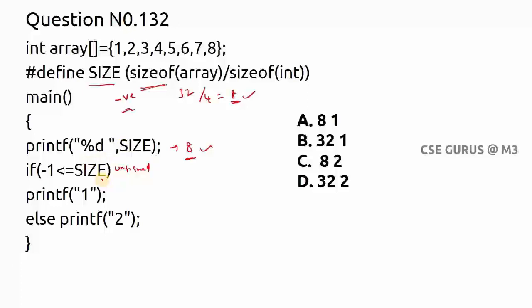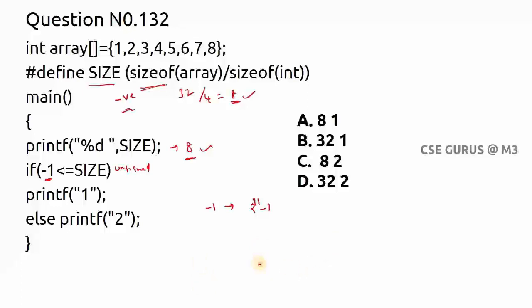Now it is an unsigned integer. You are checking with -1, which is a signed integer. So that's why this if condition executes like this: -1 also gets converted into an unsigned integer. So what is the value if I convert -1 into unsigned integer, which is equal to 2 power 31 minus 1? How is it like this?